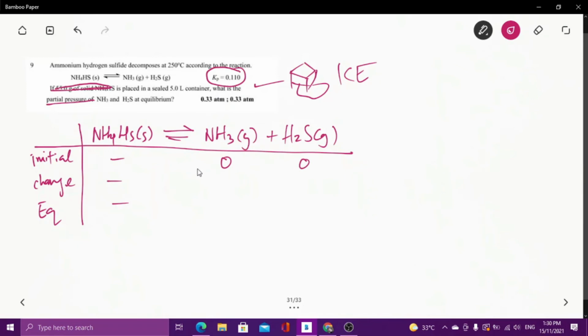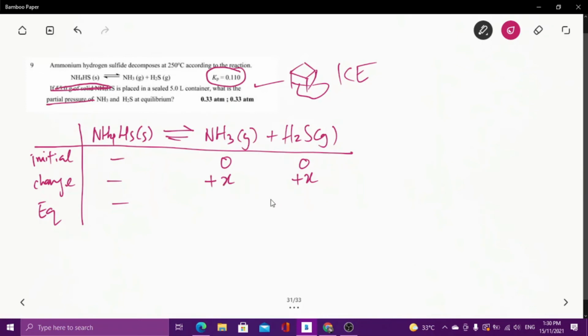Tapi over time dia akan berlaku perubahan dari segi pertambahan. Maksudnya solid NH4HS ni lama-lama dia akan meruap dan mengeluarkan gas NH3 dan juga H2S over time. So kita akan nampak perubahan dari segi pertambahan pressure of NH3 dan juga H2S.